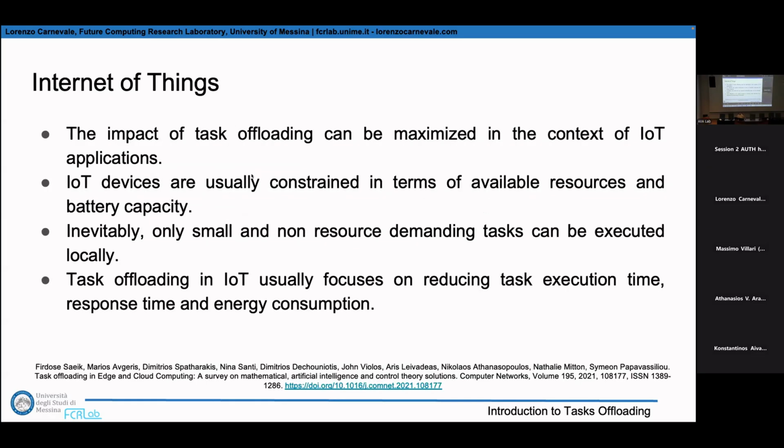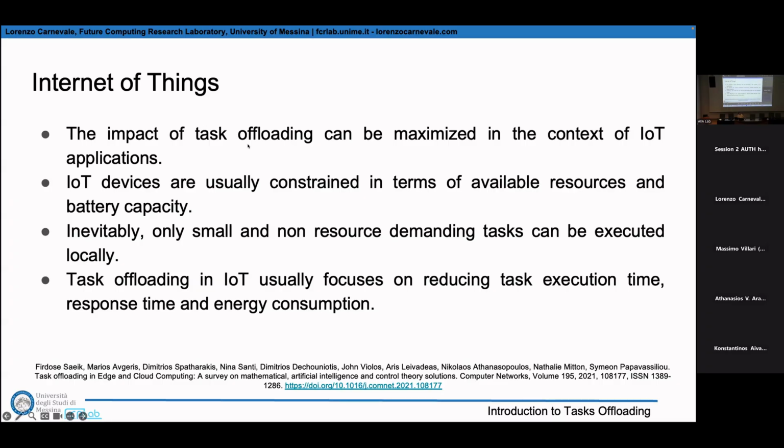And the other one is, of course, the Internet of Things. So the impact of task offloading can be maximized in the context of IoT applications, because we want to minimize the amount of battery power that we use, and maximize the available resources.